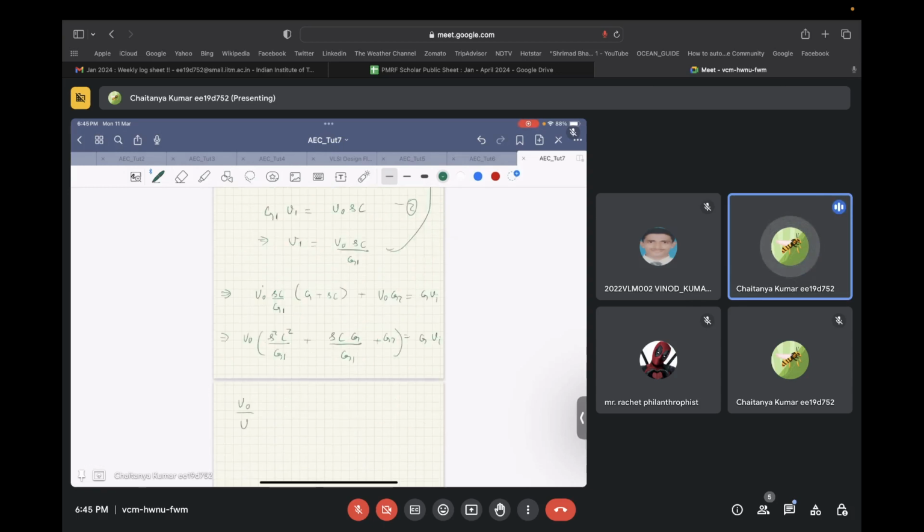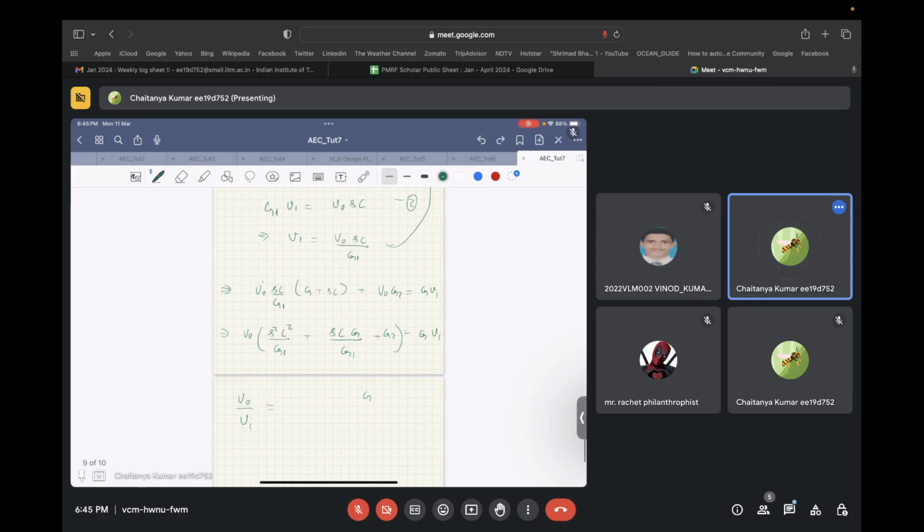So V naught by Vi will be equal to G divided by S squared C squared by G1 plus SCG by G1 plus G2.